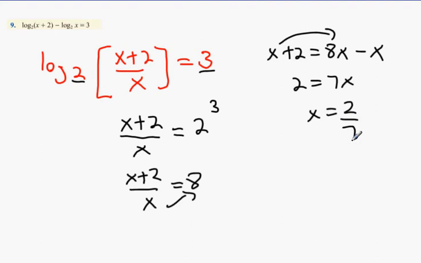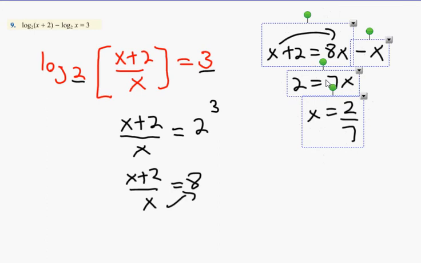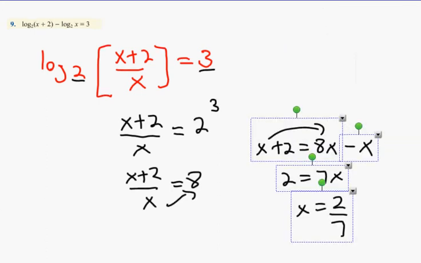How many people got that one out? Okay, so good. What I'll do is I'll put it into the corner here. That's not what I want to do. Just give me a second.